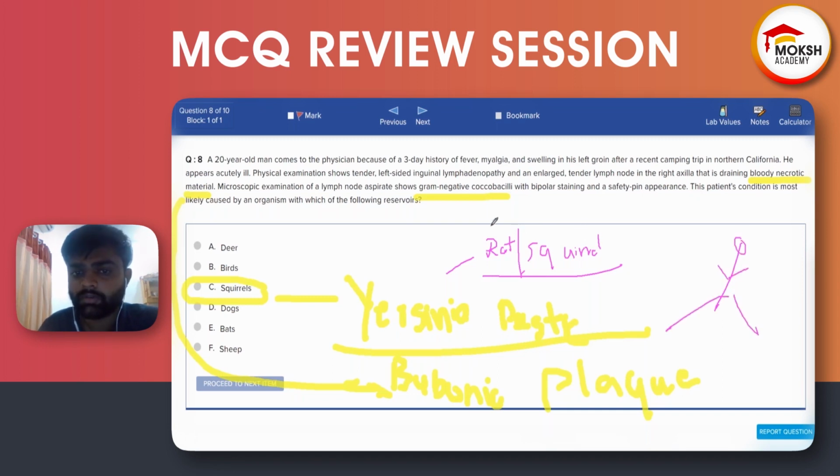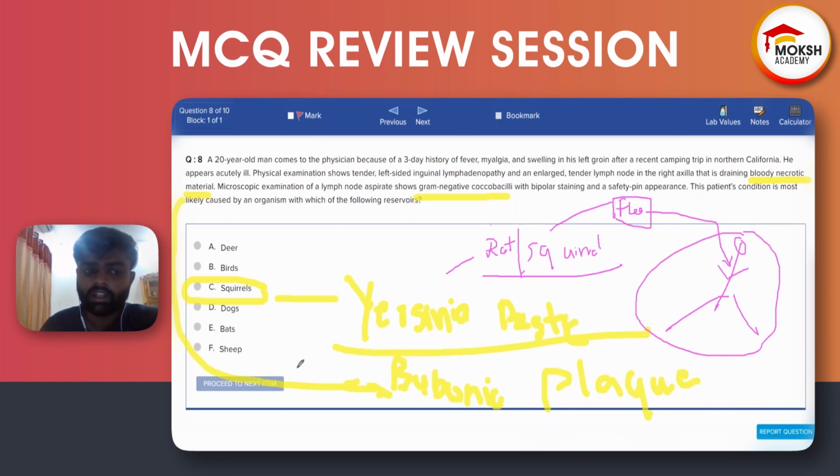From infected rats and squirrels, fleas will transmit that organism, and they will bite humans, and it will cause the organism to come into the human body. That's most commonly seen where there is a reservoir, many rats, squirrels.